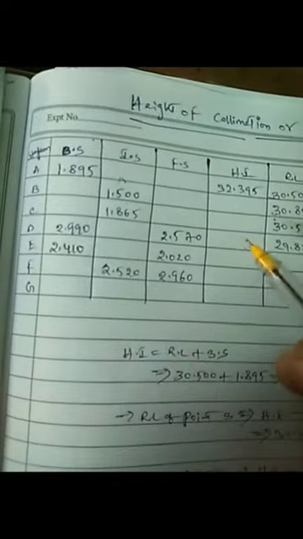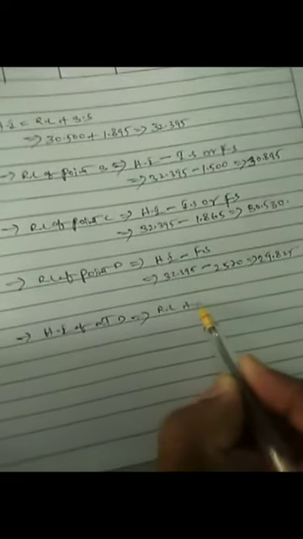Then we have to get the height of the instrument also. So to get the height of the instrument, you write here height of instrument at point D is equal to RL plus backside. So which backside we have to take?